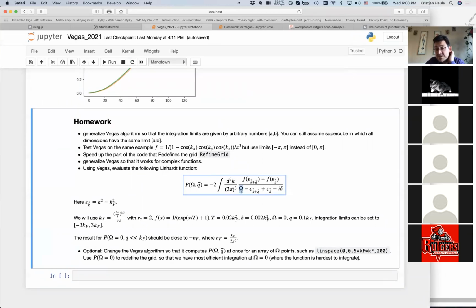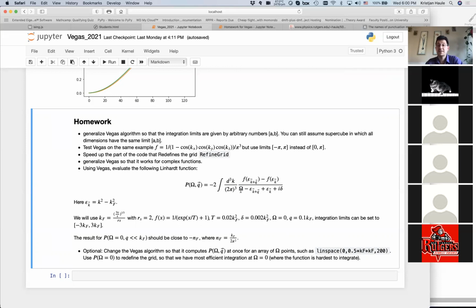But when omega is non-zero, the pole is slightly shifted away, and the limits of integration where this is non-zero are taken care of by the Fermi functions, by this numerator, because these Fermi functions cut off the limits, and it's not going to change a lot with frequency. So if we get the grid for 0 frequency, we can keep the same grid for every frequency, and the result is going to be pretty reasonable.